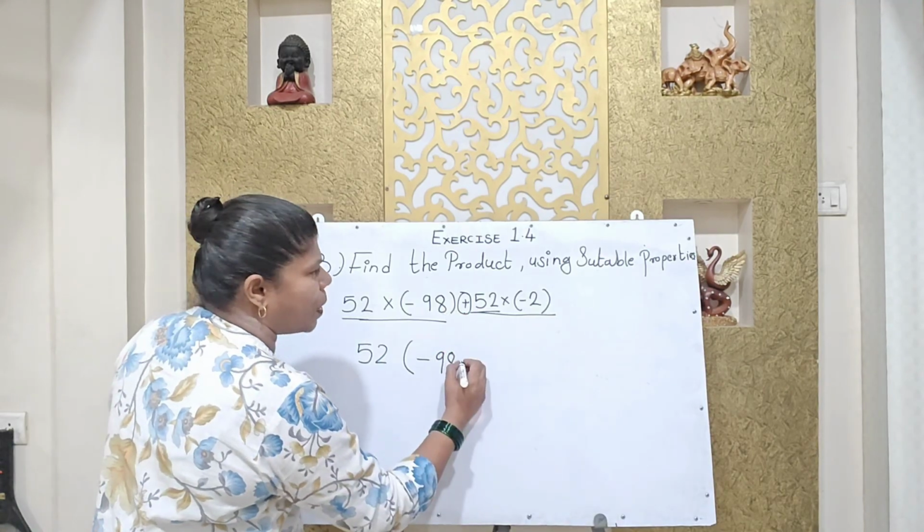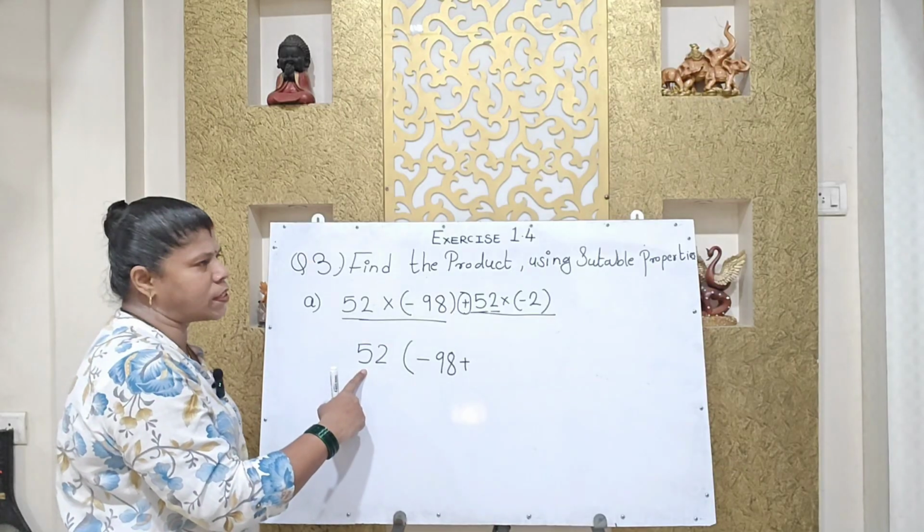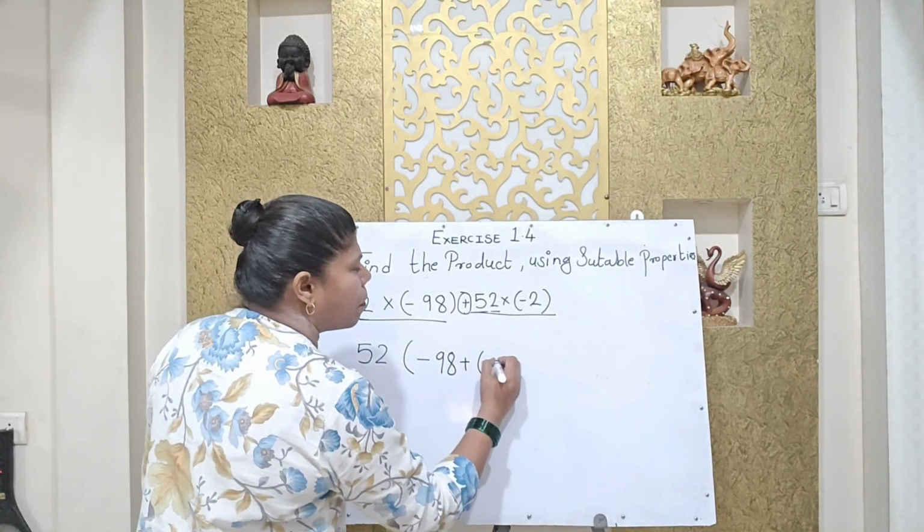Then I put this plus sign. This 52 I have already taken outside. Now remains -2.